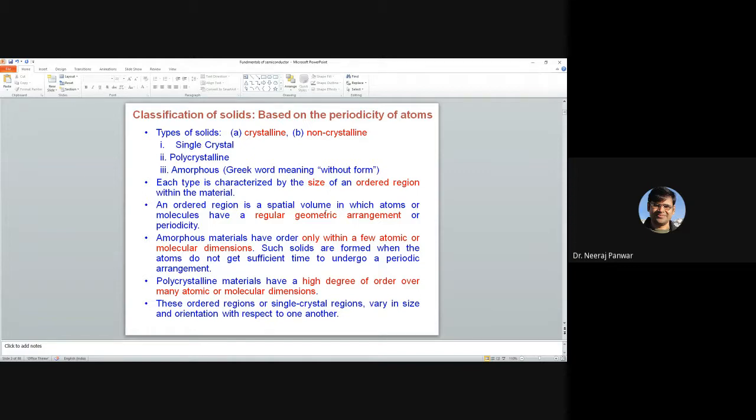This is the meaning of crystallinity, and you have seen this in the condensed matter physics course. But in non-crystalline or amorphous solids, this regular arrangement of atoms or molecules does not extend up to large distances. It breaks up within, let's say, a nanometer or even smaller length scale.